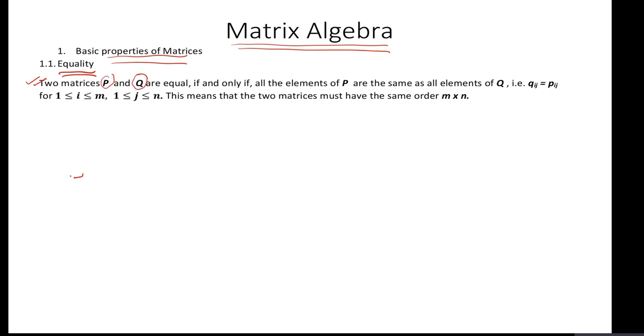One is P, one is Q, are equal if and only if all the elements of P are the same as all the elements of Q. That is, Qij is equal to Pij for i greater than or equal to 1, less than or equal to M, j greater than or equal to 1, less than or equal to N. This means that the two matrices must have the same order, M by N.